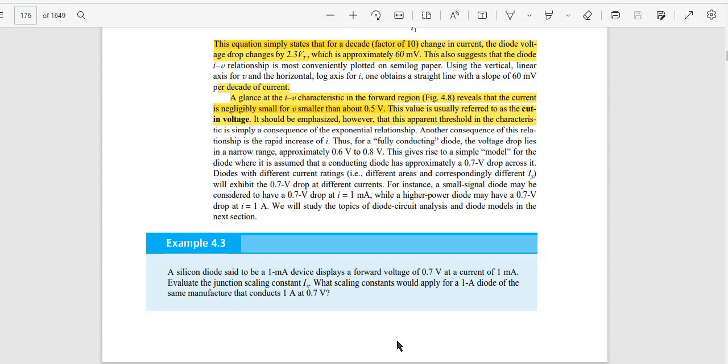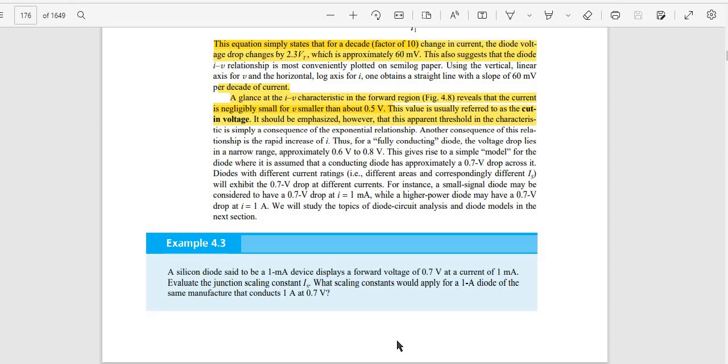Another consequence of this relationship is a rapid increase of I. Thus, for a fully conducting diode, the voltage drop lies in a narrow range, approximately 0.6 volt to 0.8 volt. This gives rise to a simple model for the diode, where it is assumed that a conducting diode has approximately a 0.7 volt drop across it.